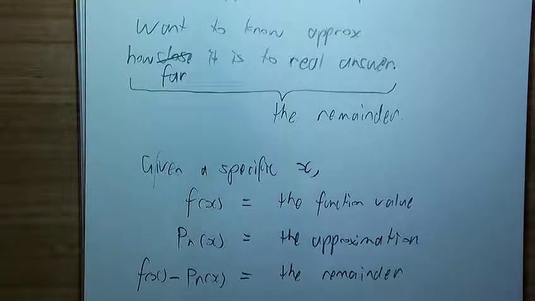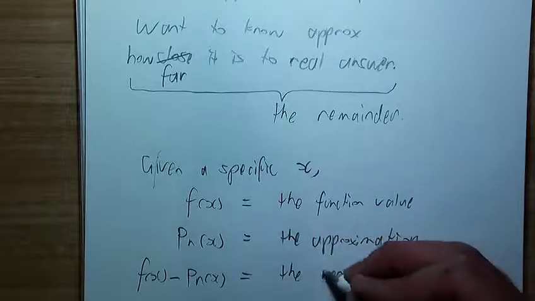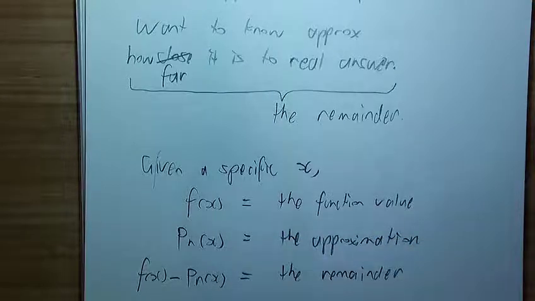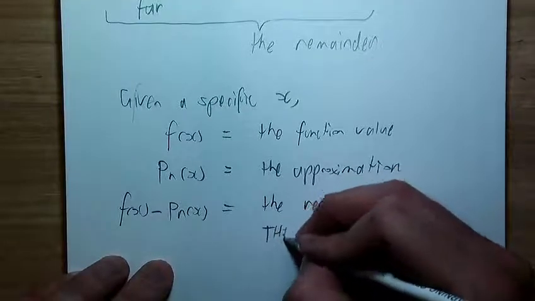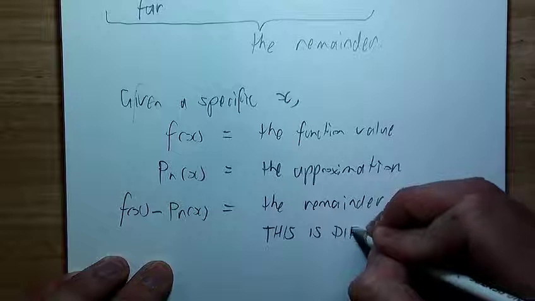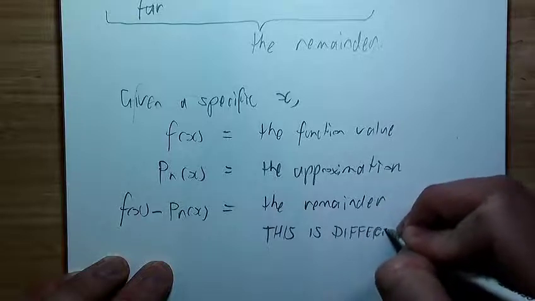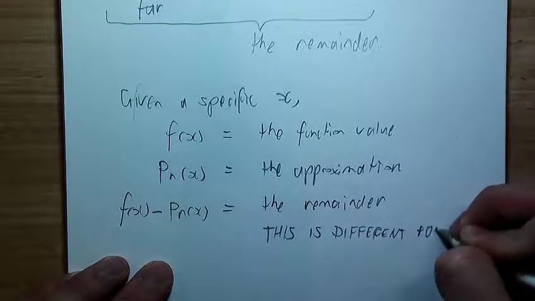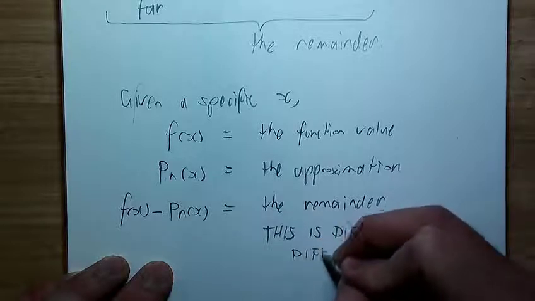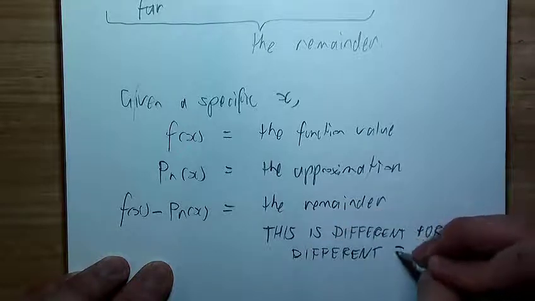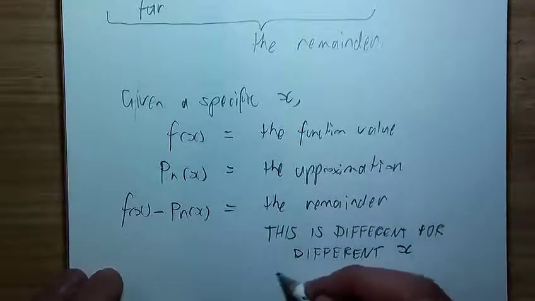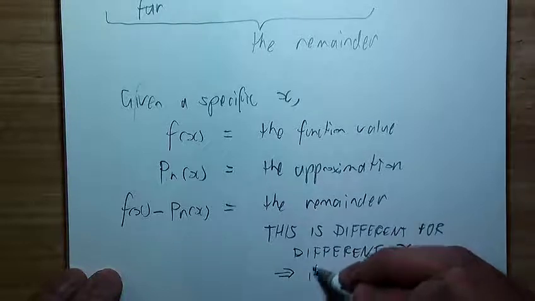So the first piece of philosophy is that the remainder is itself a function of x. Different x's will give you different remainders. This is different for different x, which means it's a function of x.